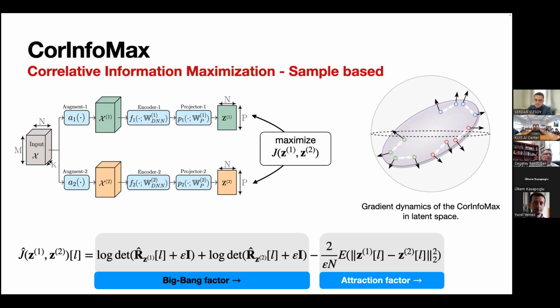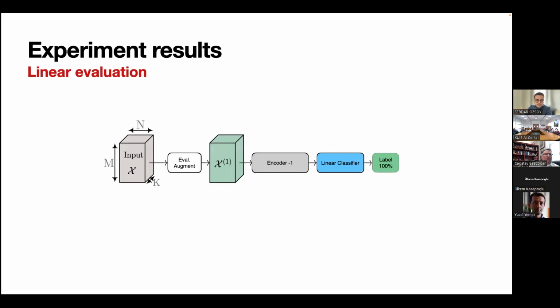By doing this we avoid collapse, but to learn meaningful representations, we also bring positive samples closer through the attraction factor, which provides very good representations for our architecture. And Shadi will continue with our experimental results.